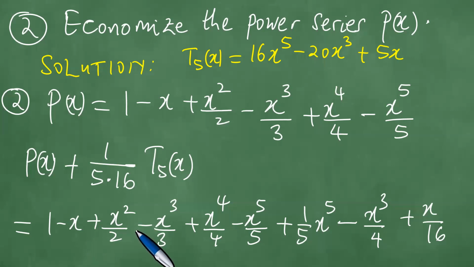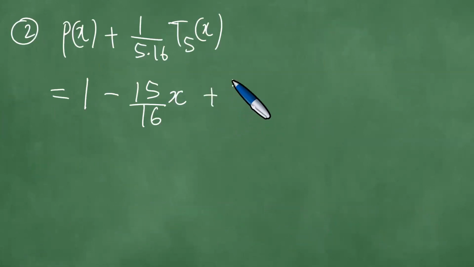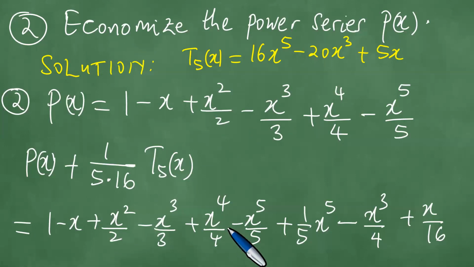And then now, quadratic, degree 2 is going to be half x squared. There's only one. There's no other x squared. It's going to be 1/2 x squared. And then, okay, x cubed.